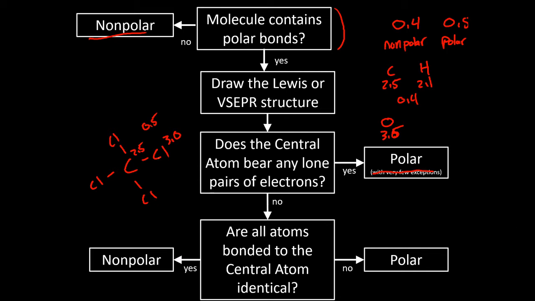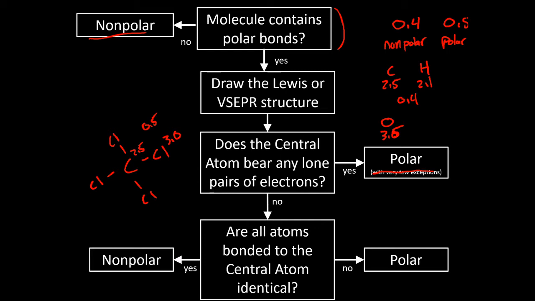But because all of the chlorines have this exact same polar interaction with this carbon, they all are pulling on the electrons equally and in opposite directions, and so they just cancel each other out.